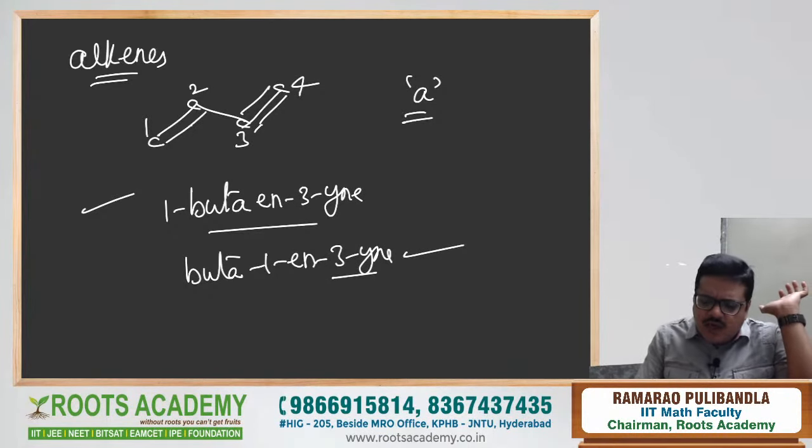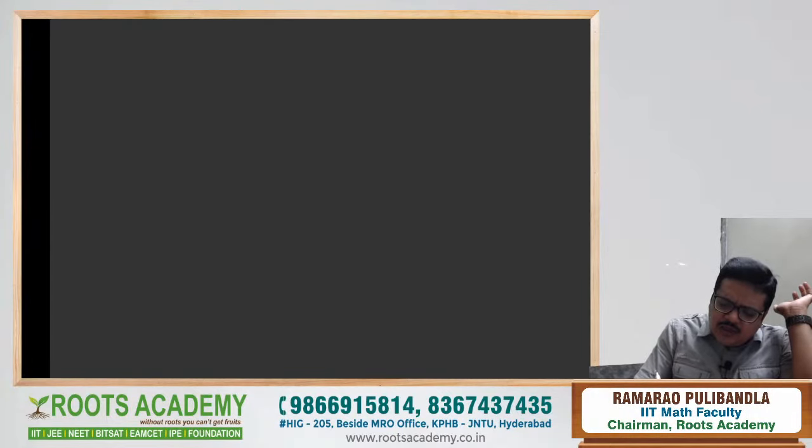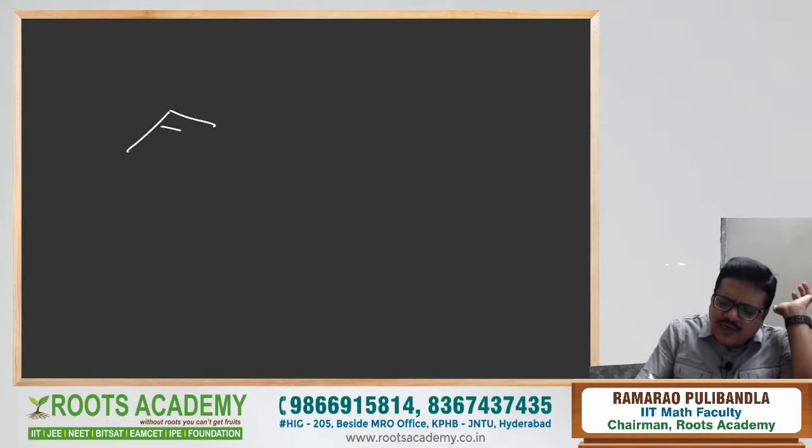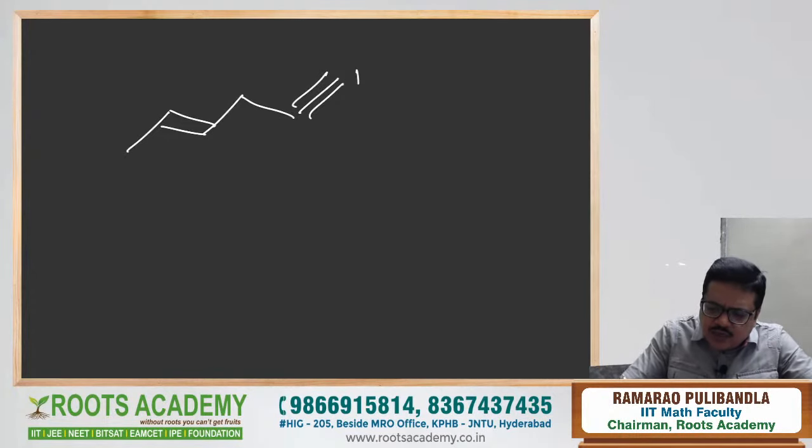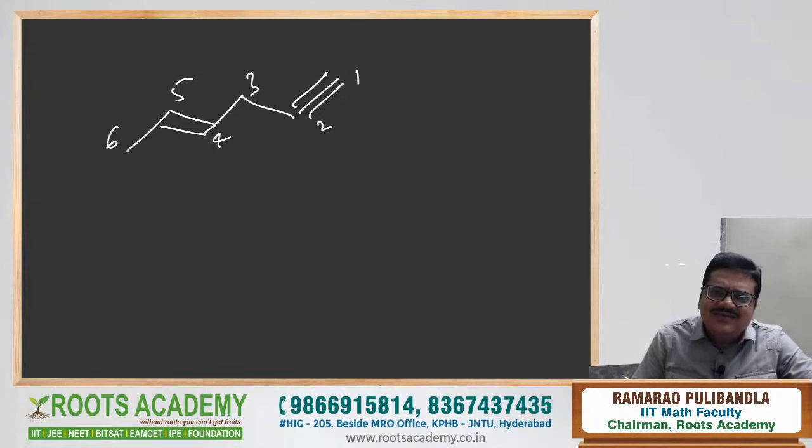If the compound has a double bond in the middle and a triple bond at the terminal, then the triple bond gets priority. So 1, 2, 3, 4, 5, 6. This is the IUPAC naming of unsaturated compounds.